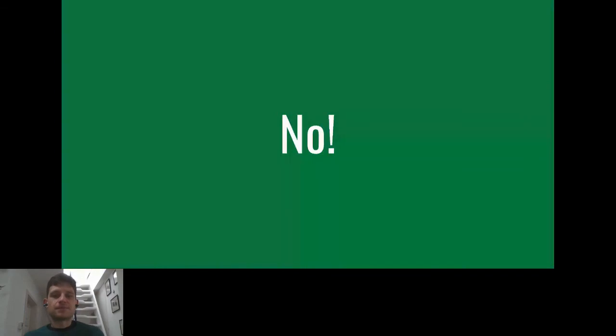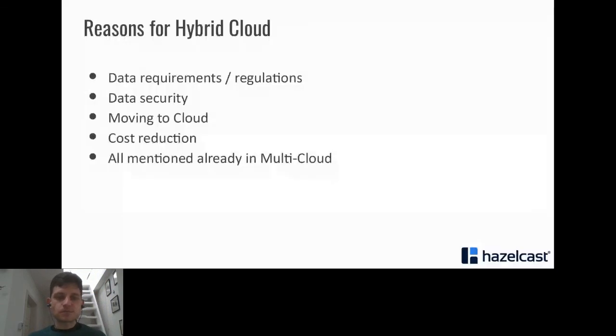Even if one cloud provider is down, it's very unlikely. If all cloud providers were down, then probably the whole internet won't work. So there are other reasons for hybrid cloud. The main reason here is data regulations and requirements. You may be forced by the business or by regulations to store the data of your customers on your own servers in your own physical building.